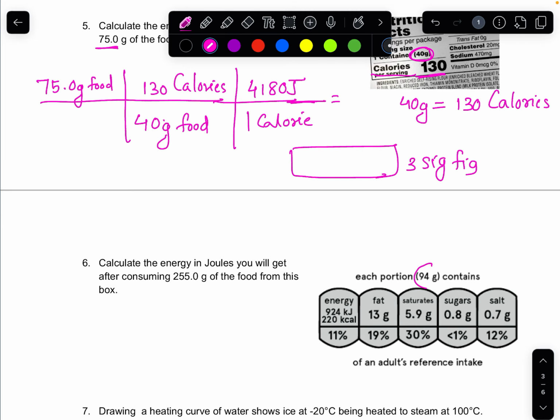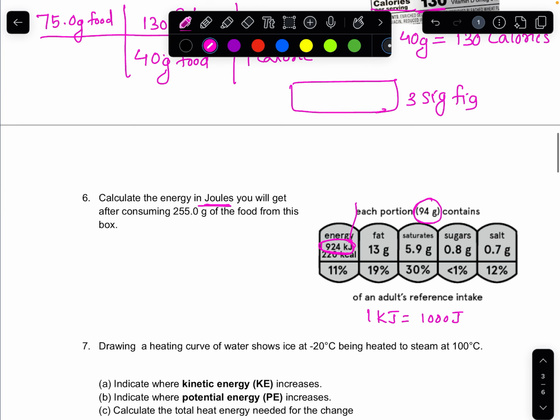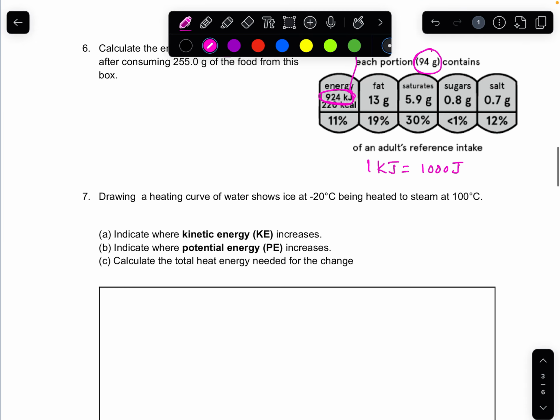Here it is easy because it says 94 gram, and since calories and kilojoule are given, I would use the kilojoule value and convert. You can write the answer in kilojoule, that is okay, but then you have to convert that into joules. Okay, you have to multiply that with 1000. 1 kilojoule is equal to, we already know that it is 1000 joule. Use that conversion at the end.